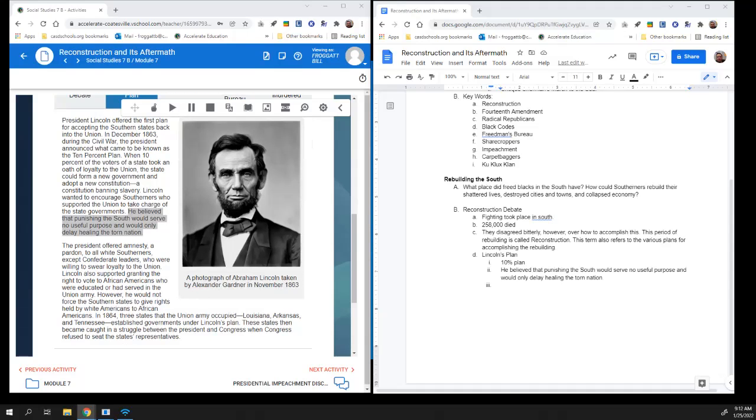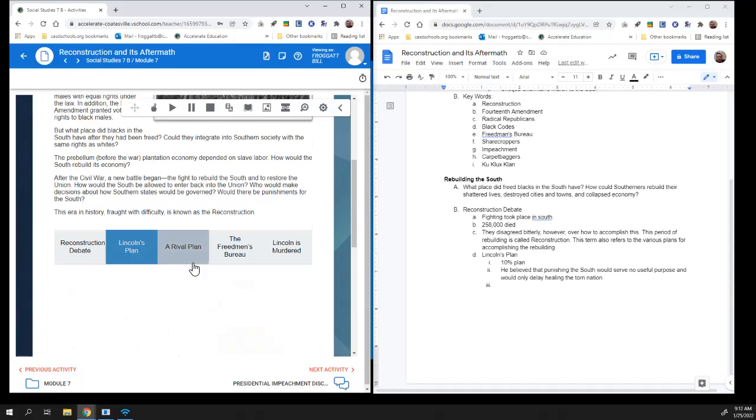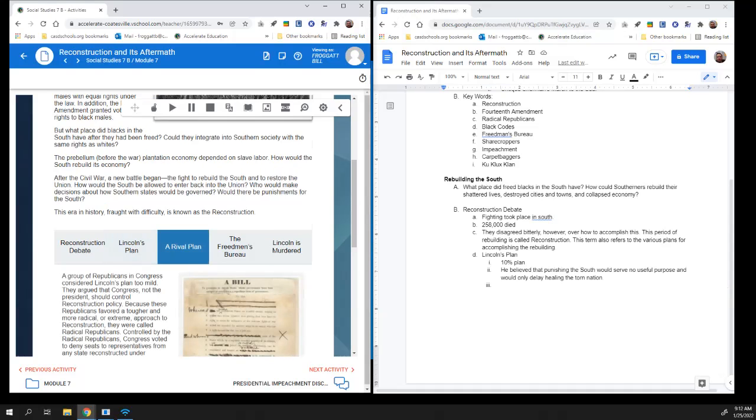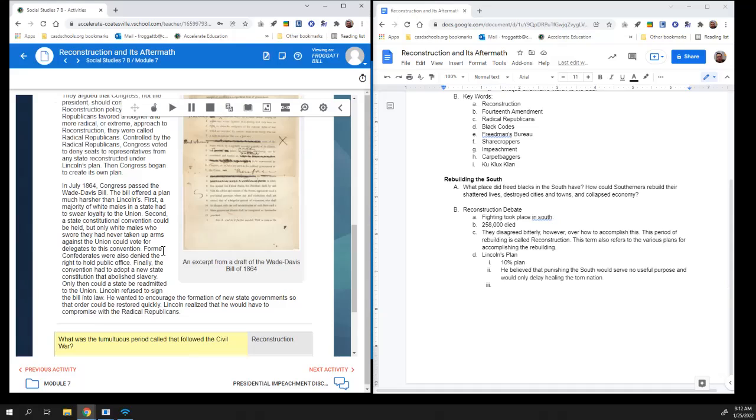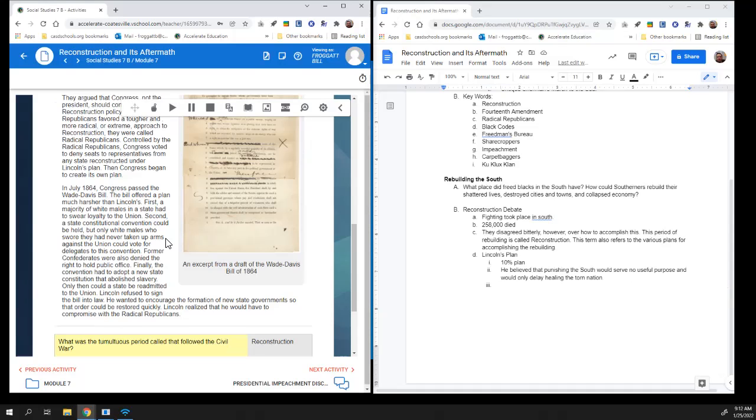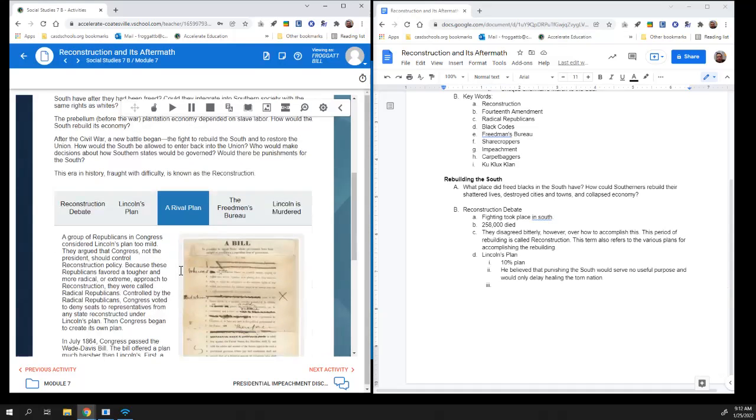What happened to Lincoln? I think he got shot in the head at a theater, something like that. Yeah, yep. He was assassinated because John Wilkes Booth and the conspiracy of those southern states wanted to take him out because they didn't want to live in a nation with Lincoln as president.